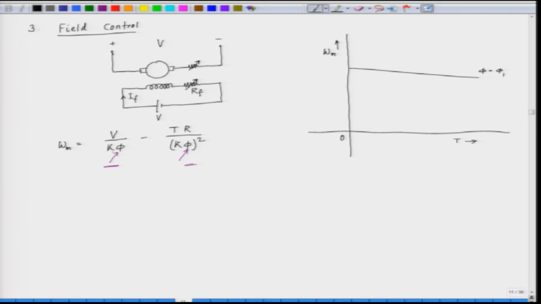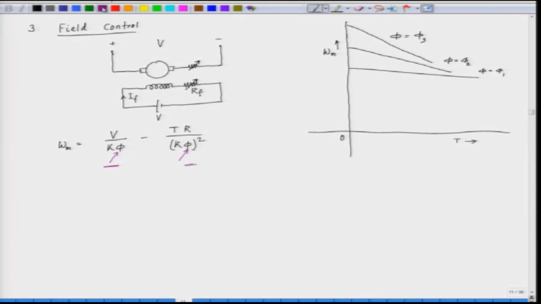When we reduce the flux, the no load speed increases and the slope also increases. So, if you reduce the flux, we get somewhat this profile, phi equal to phi 2, and we further reduce the flux, phi equal to phi 3.